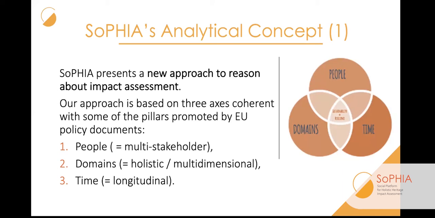Our approach is based on three axes. They are current, they are interlinked, and they are based on some of the pillars promoted by the European Union's policy documents. An impact assessment should pay attention to people. People means a multi-stakeholder approach.